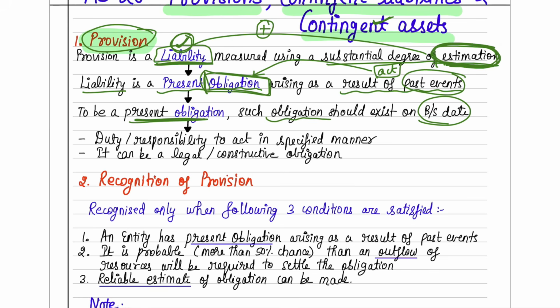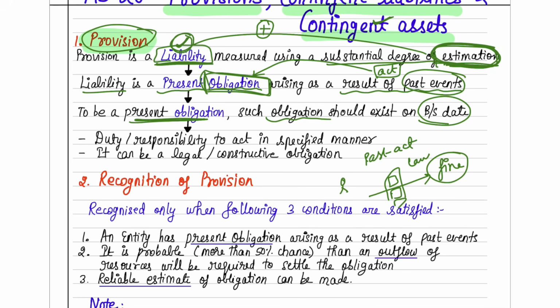So here let me tell you in a crisp manner what happens. In the past you have done some act. Suppose there was a red signal. Now just imagine it's a red signal, and the law says that if you cross this signal when it is red, you will be charged a fine.